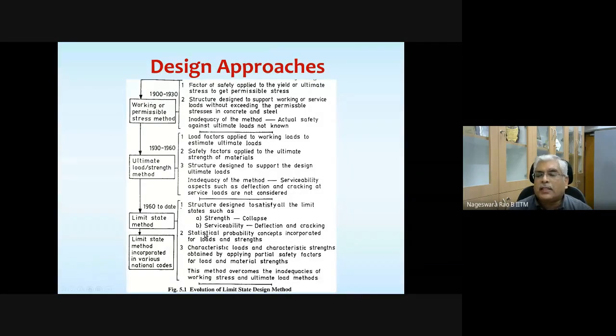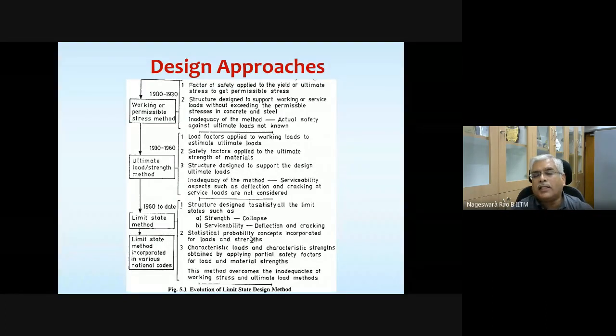So the limit state method and the others are actually the design approaches as time progressed. They addressed whatever inadequacies were in the previous approach, those inadequacies addressed in the subsequent approach. And the current approach includes deciding on the partial safety factors from statistical or probability concepts, and also taking care of the limit state of strength as well as limit state of serviceability.